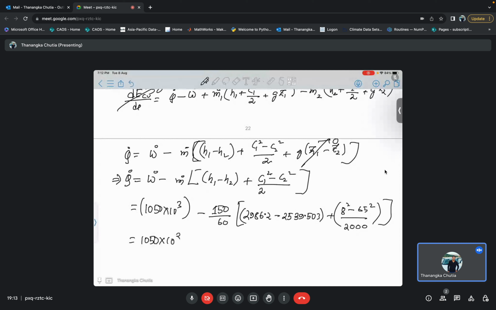So 1050 into 10 to the power 3 minus 150 by 60 times, what is this? This is 446.697, plus, obviously this will be in minus sign, 2.0805.